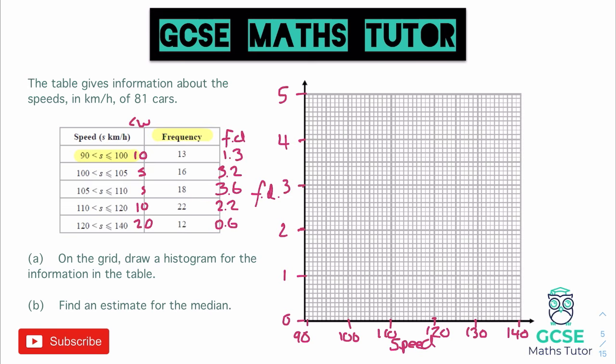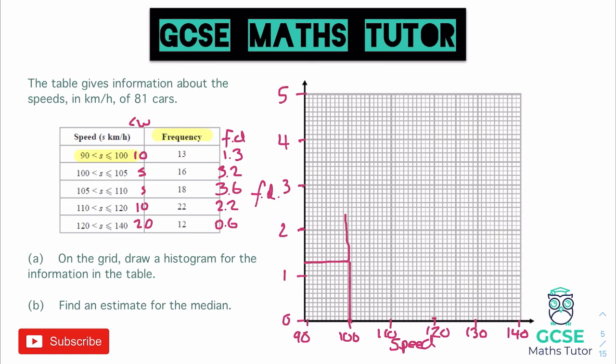So we want to draw this in, so from 90 to 100, that has a height of 1.3. So I want to go 3 squares past the 1, and obviously do this nice and neatly with a ruler and a pencil. And there's our first bar. Our next bar is connected to that, and that goes up to 3.2. So that goes from only 100 to 105, so I want to draw that quite carefully.